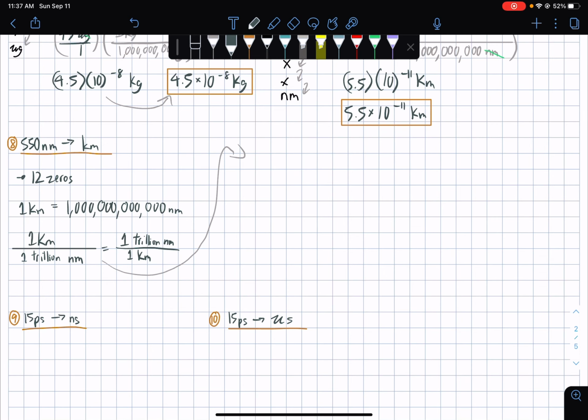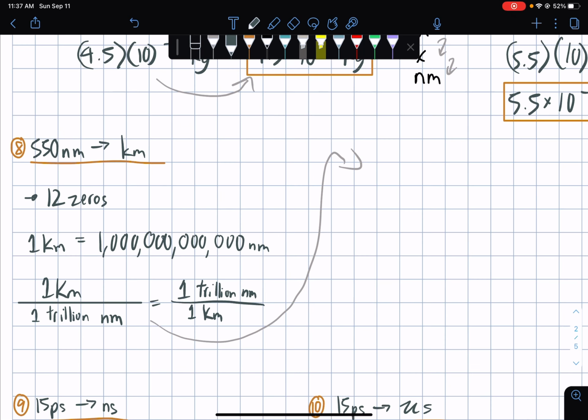Okay, so 550 nanometers over 1 times 1 kilometer over 1 trillion nanometers.